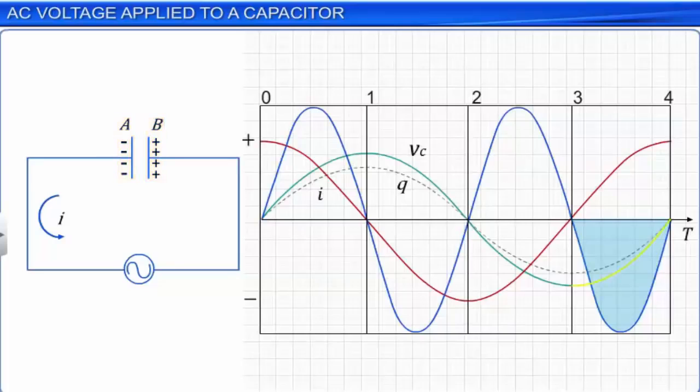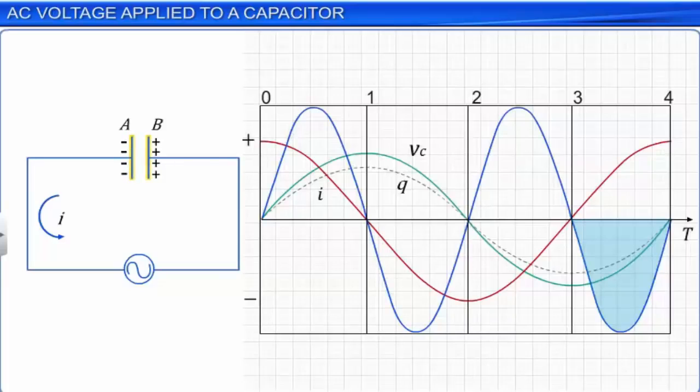As the voltage is negative while the current has become positive, it means that the power is negative. Hence, energy is again being released from the capacitor. Thus, finally at the end of the cycle, the capacitor returns to state 0 again.